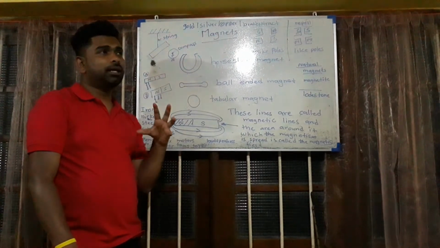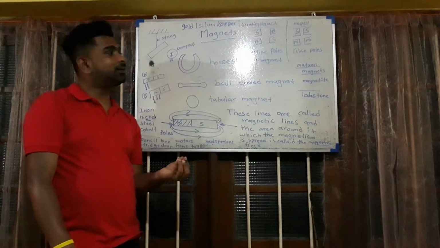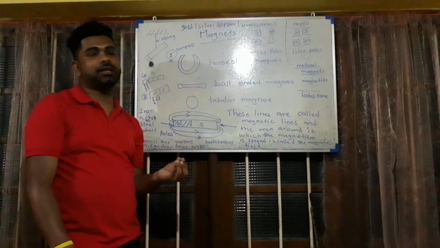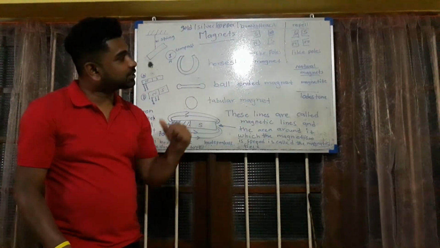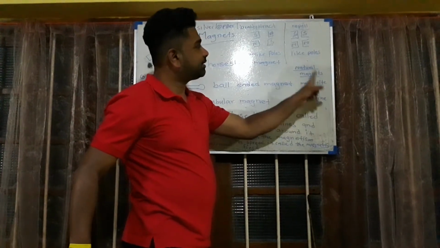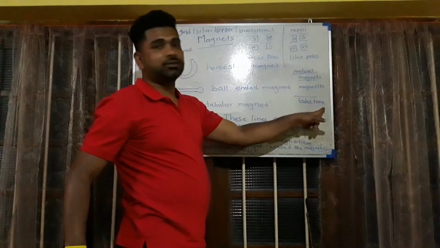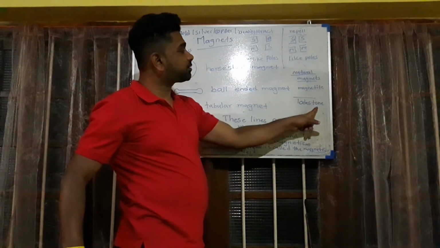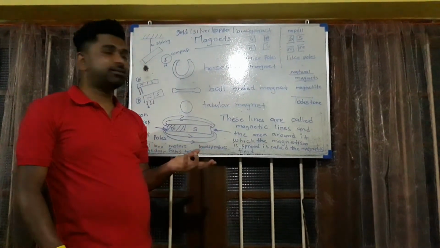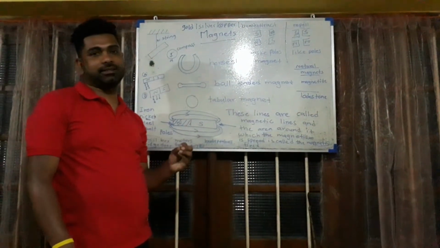So here, in this world there are some special natural substances called magnetite, natural magnets, magnetite, lodestone. This lodestone is also a kind of magnetite. So magnetite and lodestones we call natural magnets.